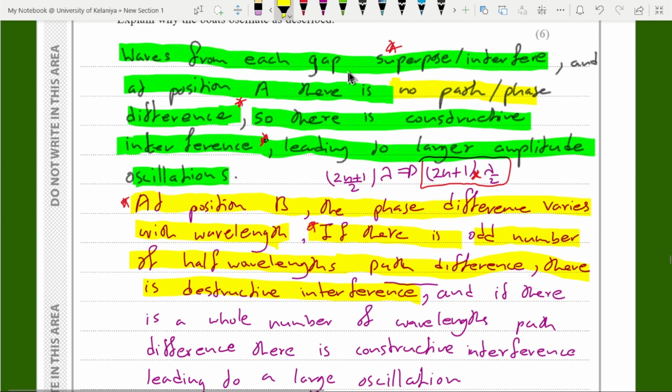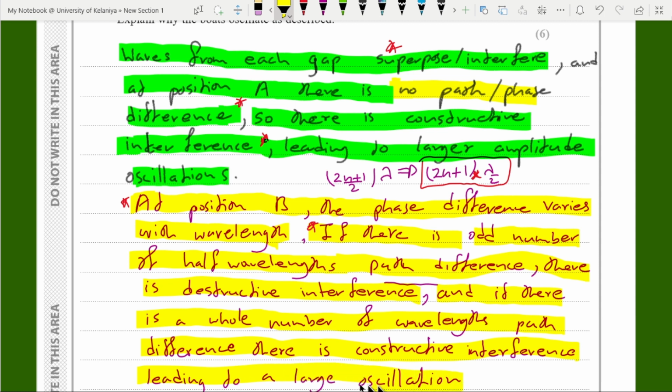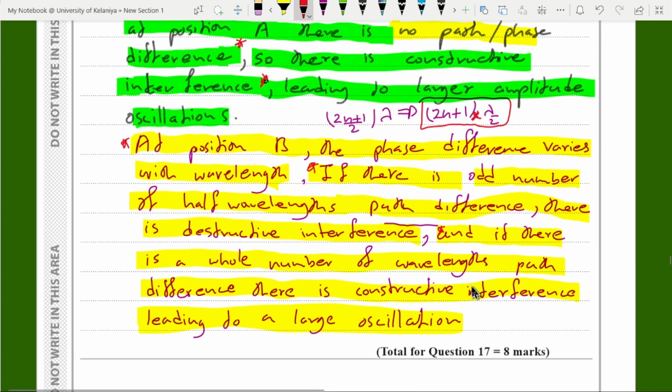And the other point is this one: a whole number of wavelengths path difference, there is constructive interference leading to a larger oscillation. And this is the last one. So if you have written these 6 points with the correct logical coherence, you will get 6 out of 6.